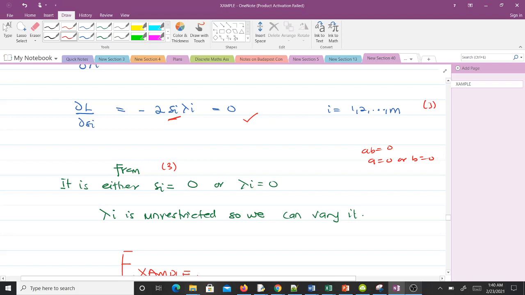So here, since we have minus 2 s_i lambda_i equals 0, we say it's either our s_i is 0 or our lambda_i is 0. And because our Lagrange multiplier lambda_i is unrestricted, we can vary it. When we solve examples, you'll see what we are talking about.